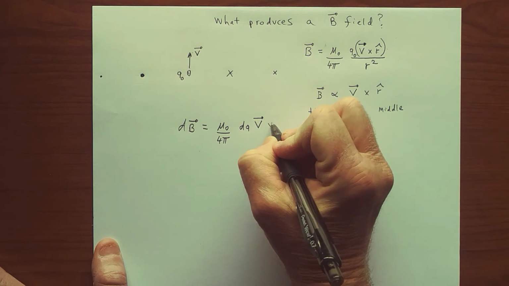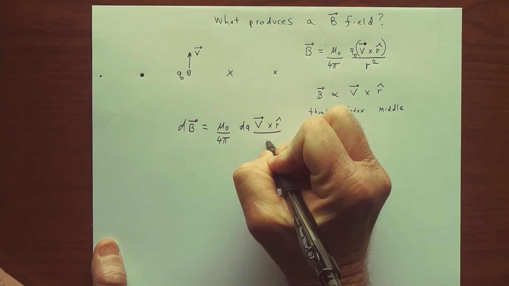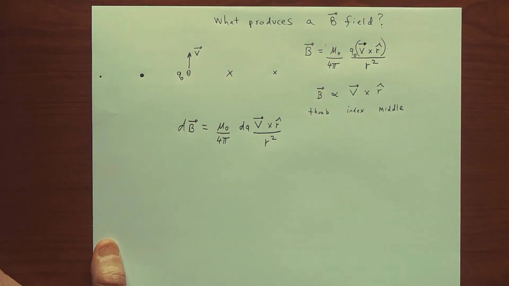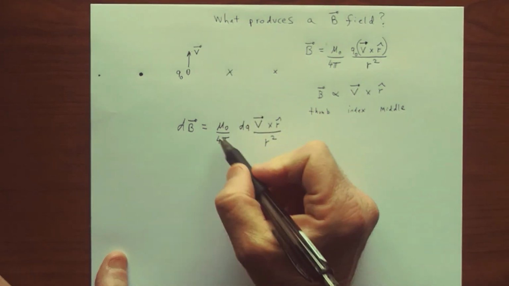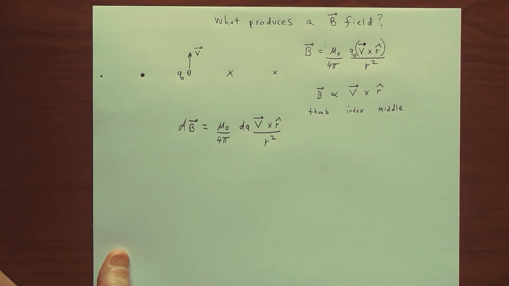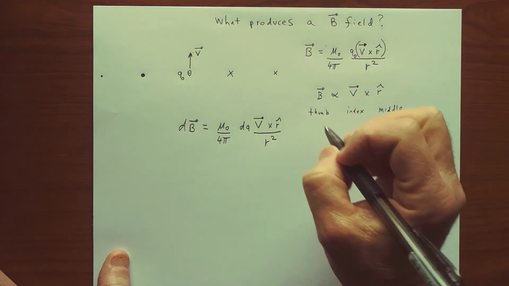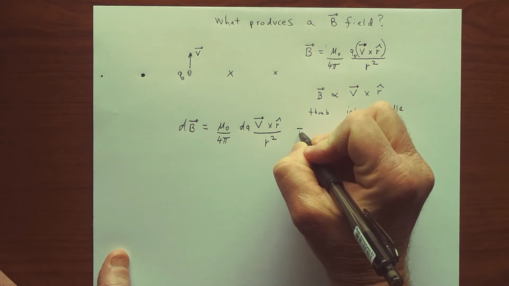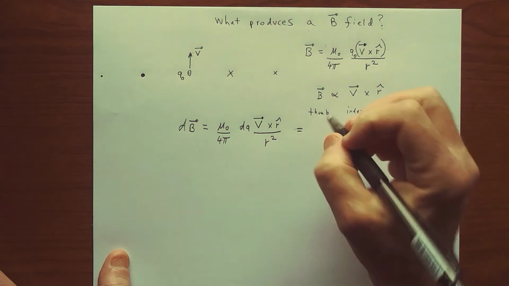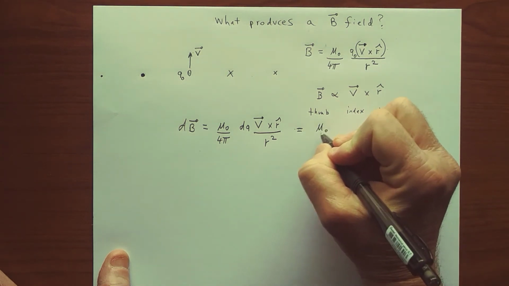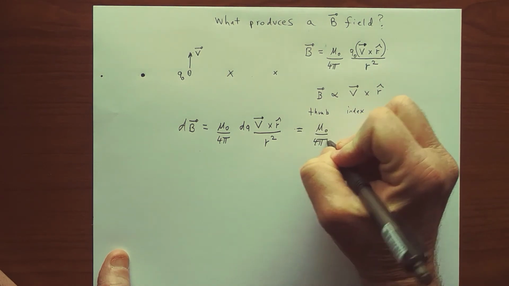So this becomes, nothing else has changed except we replace the q with dq, and so we can think of this ultimately as an integral, where we integrate over all the little pieces of charge. But it's better to think in terms of currents, so let's write this dB as mu naught over 4 pi.